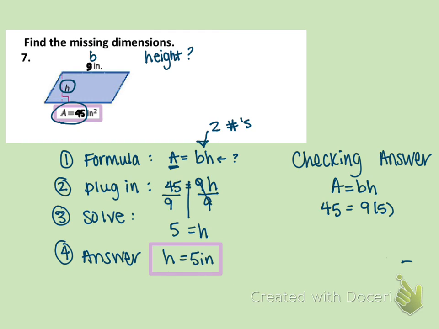So we're going to write 9 times 5, which is 45. And does 45 equal 45? Yes. So to check your answer here, we just plugged into the formula.